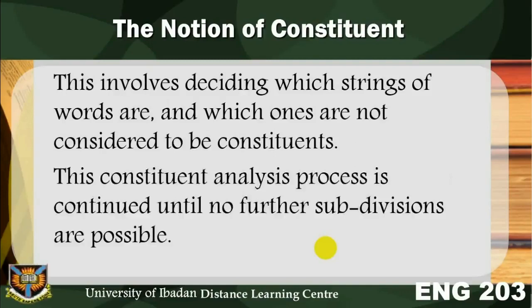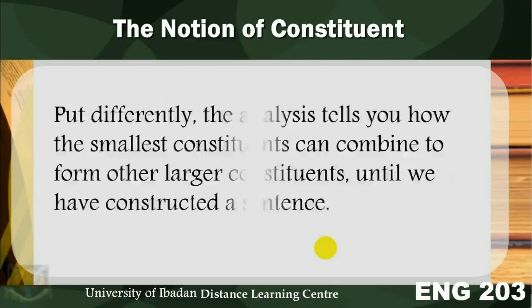This constituent analysis process is continued until no further subdivisions are possible. Put differently, the analysis tells you how the smallest constituents can combine to form other larger constituents until we have constructed a sentence.